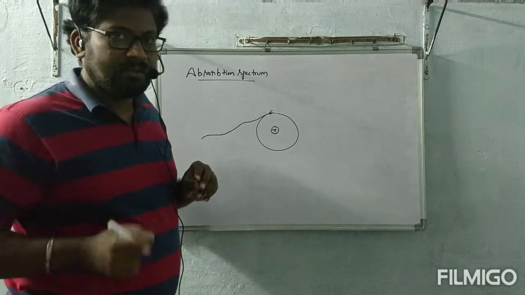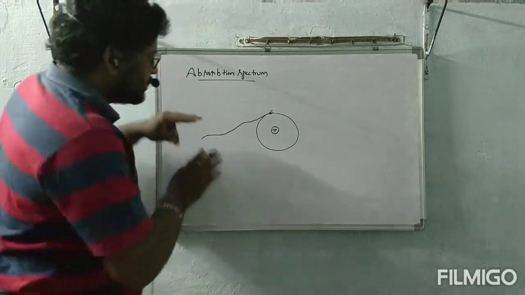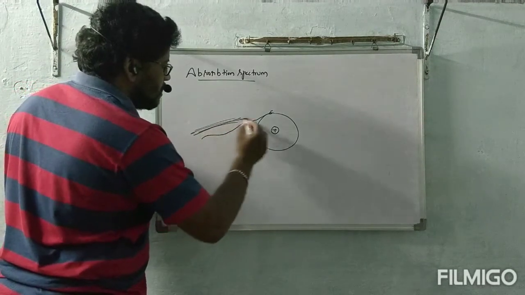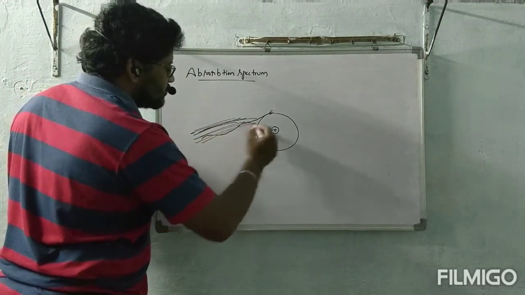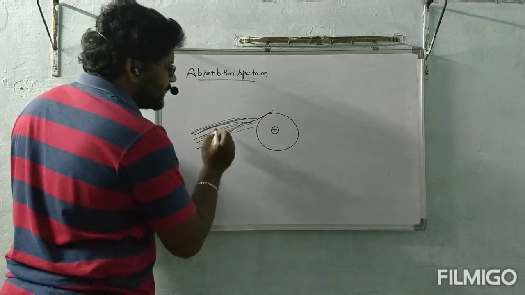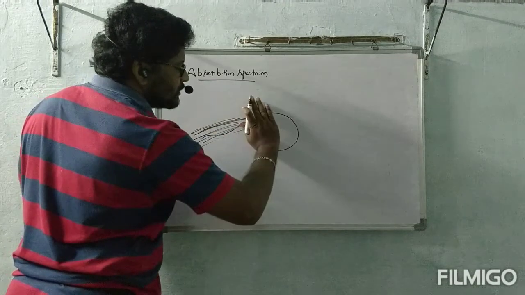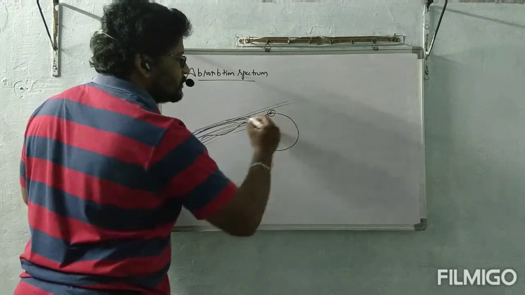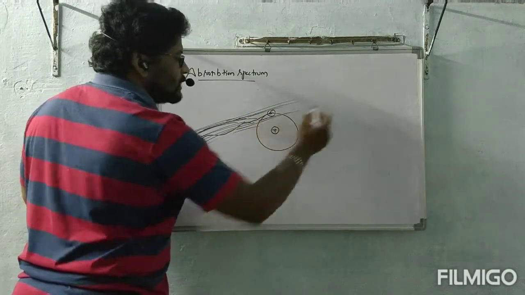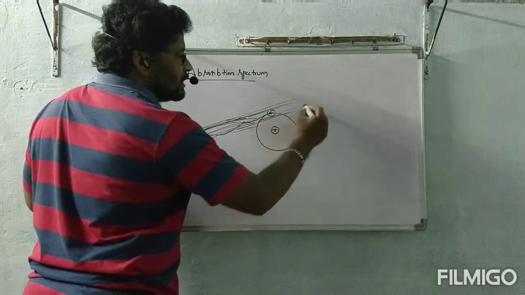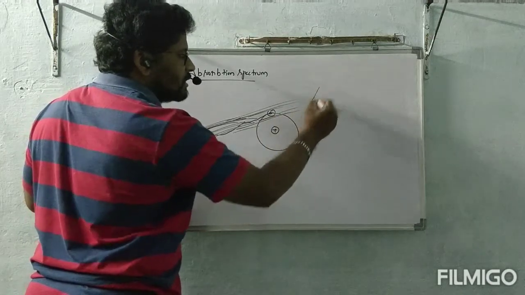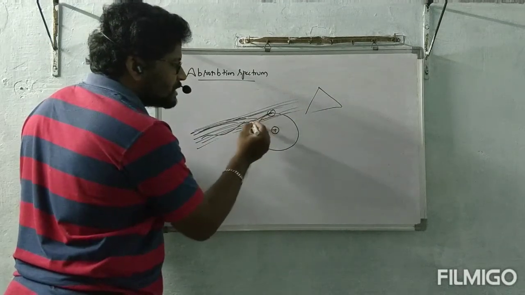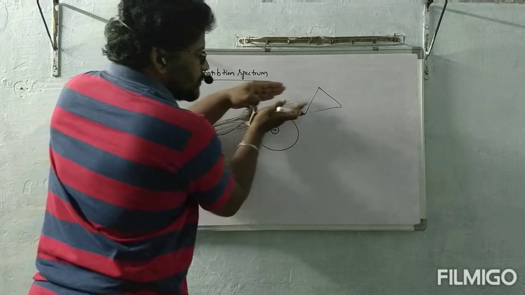Then how will the spectrum be formed? See carefully. This is total light. When this total light falls on the electron, a particular part is absorbed and the remaining comes out. The remaining colors, when passed through a prism, come out without the line which was absorbed by the electron.